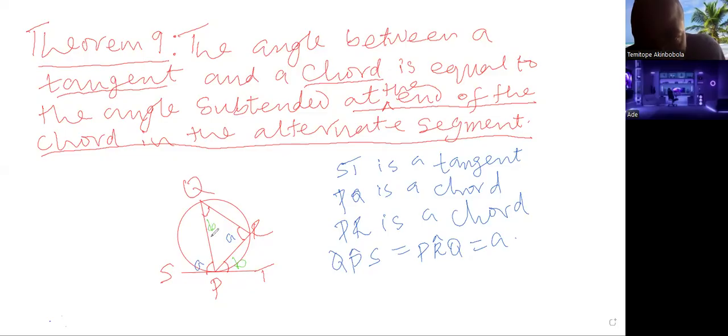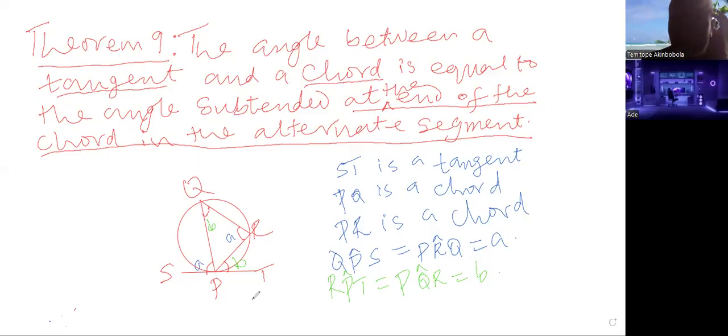So at the end of chord PQ, you have angle B. So we can now say that RPT equals PQR equals B. So that's what that theorem is talking about.